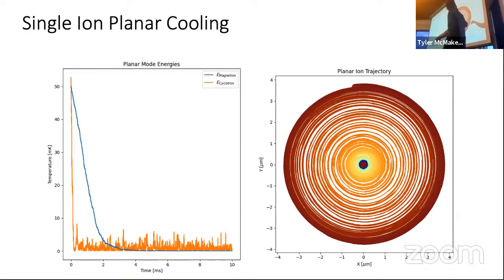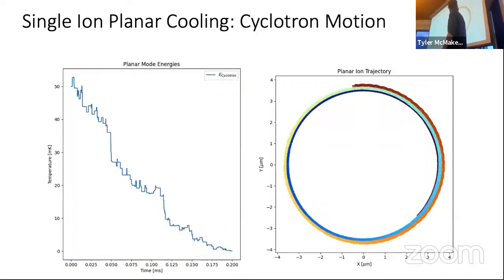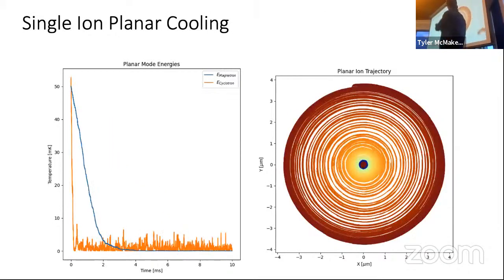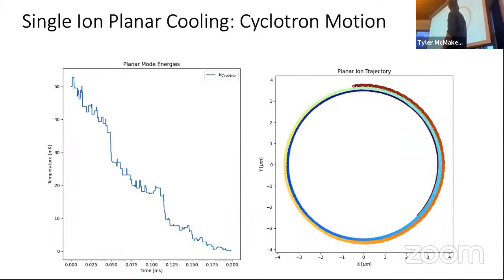And this line is basically spiraling inwards. So just focusing on the cyclotron motion, it cools very rapidly. So see, the magnetron motion cools quite slow compared to the cyclotron motion. We have in the beginning this really large oscillation that eventually dies down as this thing interacts with the laser beam.